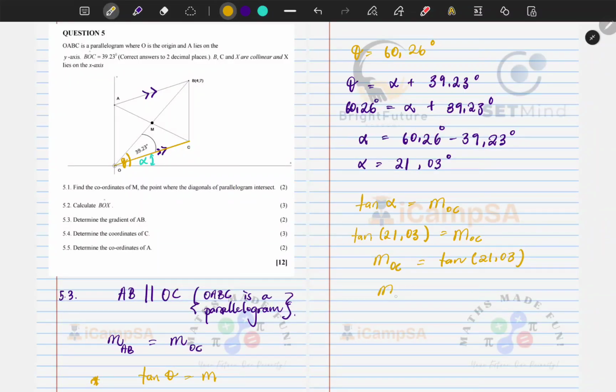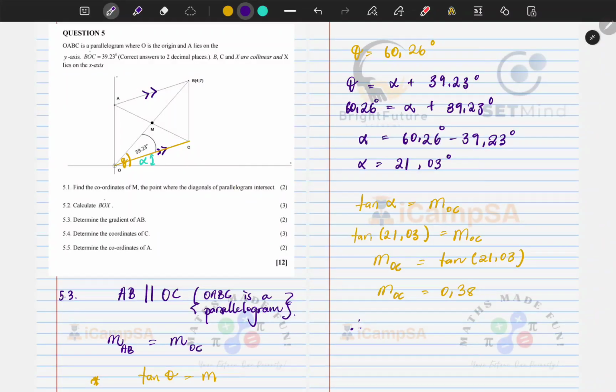If you punch your calculator, what is the tangent of 21.03? That should give you 0.38. That's your tangent.